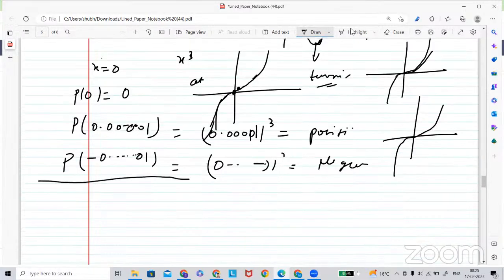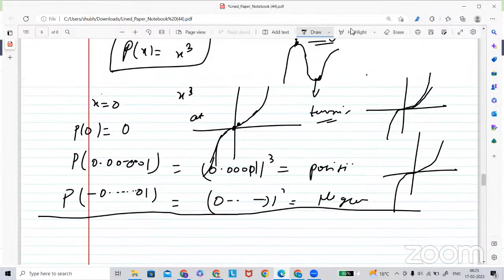Is this clear? Because of internet issue, I'm facing difficulty. This one is clear. I'm asking about even function and odd function.